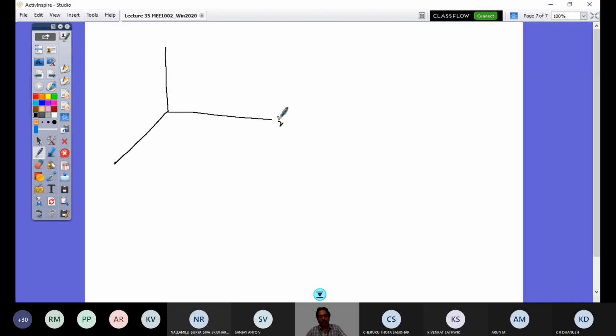Let me consider the cone with X, Y, Z axes, and this x-axis happens to be the axis of the cone. Let me construct the cone.